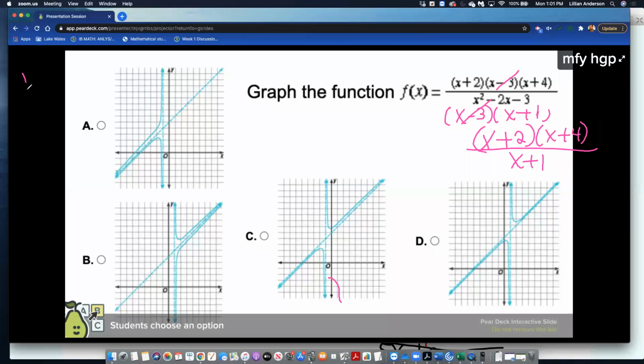I'm taking this opportunity to make sure that we know everything. The x coordinate of my hole is going to be located at 3. What about my y coordinate? Would it be like 21/4?